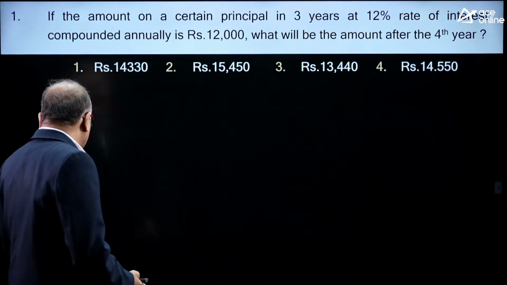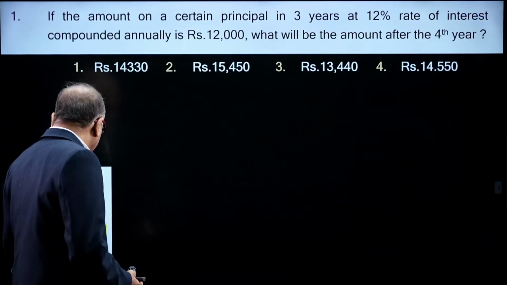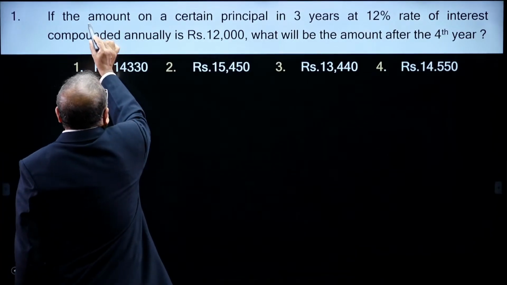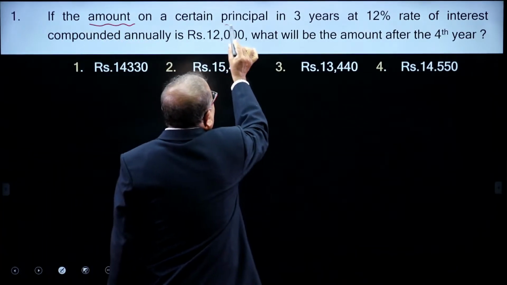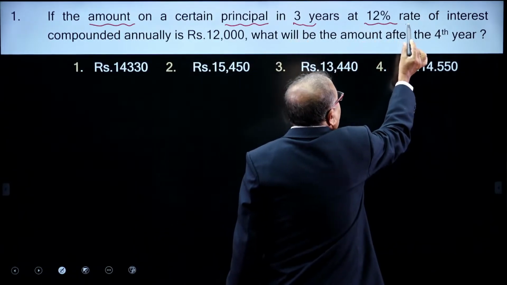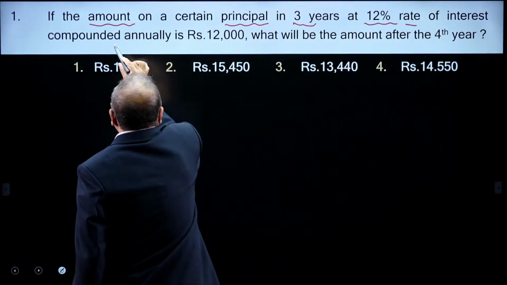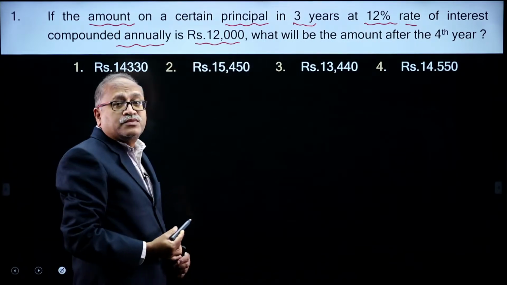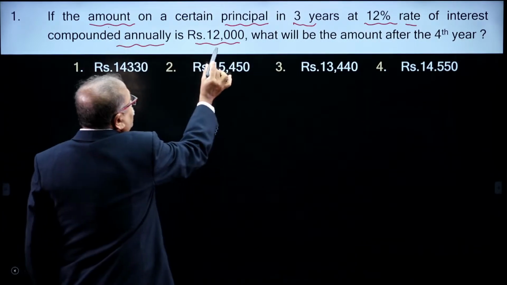Let me read out this particular question. If the amount on a certain principal for 3 years at 12% rate of interest compounded annually is 12,000. Amount is 12,000.